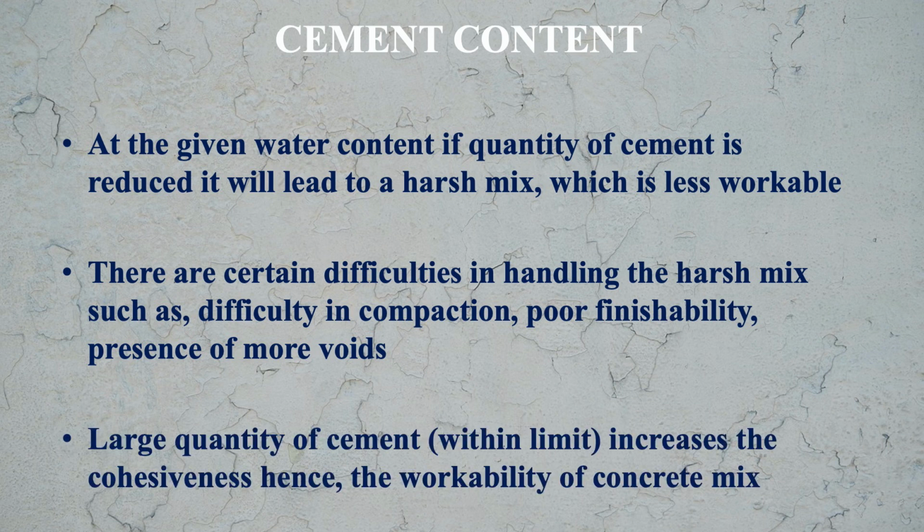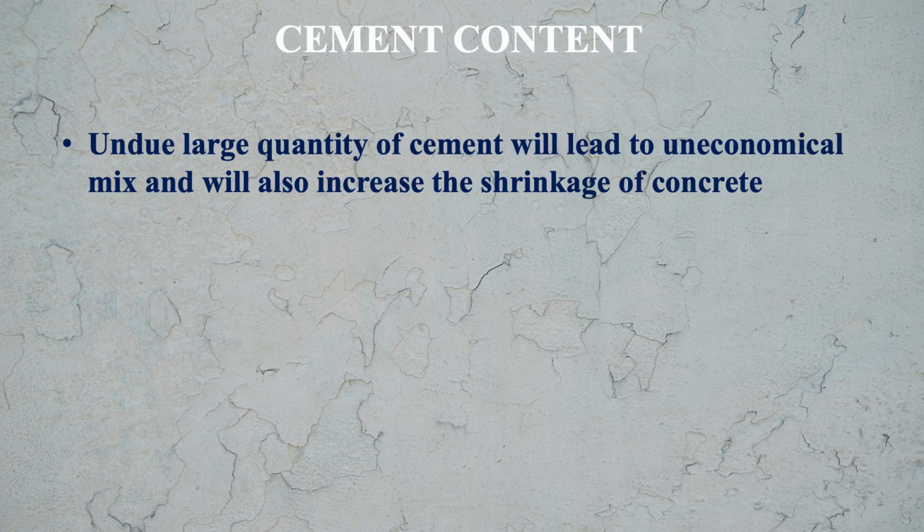Large quantity of cement within certain limit increases the cohesiveness, hence the workability of concrete mix increases. Undue large quantity of cement will lead to uneconomical mix and will also increase the shrinkage of concrete. So here you see that if you increase the quantity of cement, then you are getting the more workable mix, but there is a certain limit.